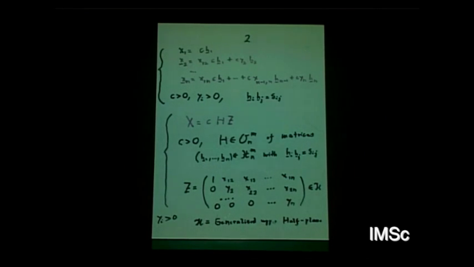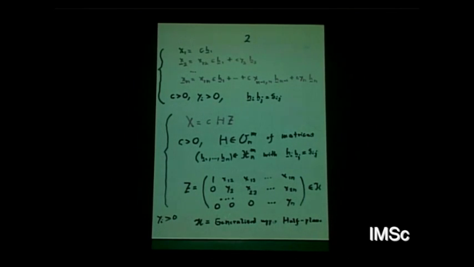Now, as many of you know, these matrices make up what is called the generalized upper half plane. When n is 2, you have just x1,2 and y2. If you write this as x1,2 plus i y2, you get the complex number in the upper half plane. Anyway, so you can write it like this.